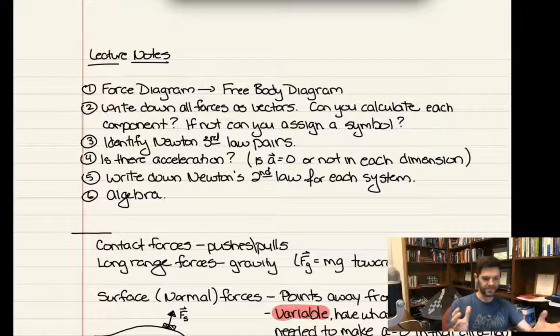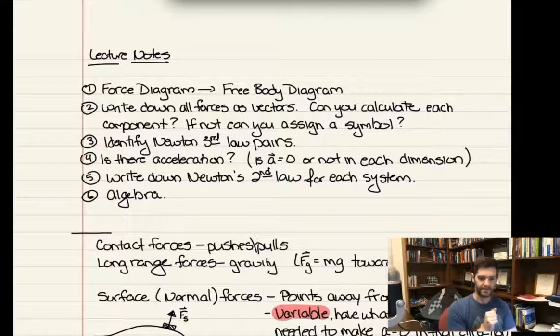If you have multiple systems, that might be the case that there are forces that are Newton's third law pairs between the systems. If you only have one system, skip the step. You cannot have Newton's third law pairs acting on the same system. If that were the case, they're going to cancel each other out. Those have to be forces inside the system, not acting on the system.